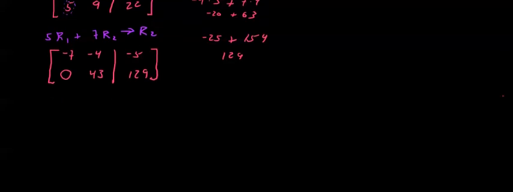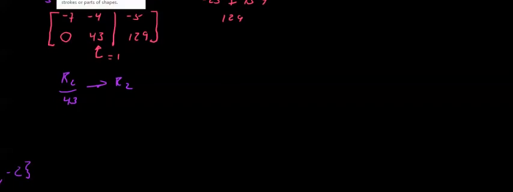And now I want to make this right here equal to 1. So I'm going to take row 2 and I'm going to divide it by 43, and that's what I'm going to replace row 2 with.